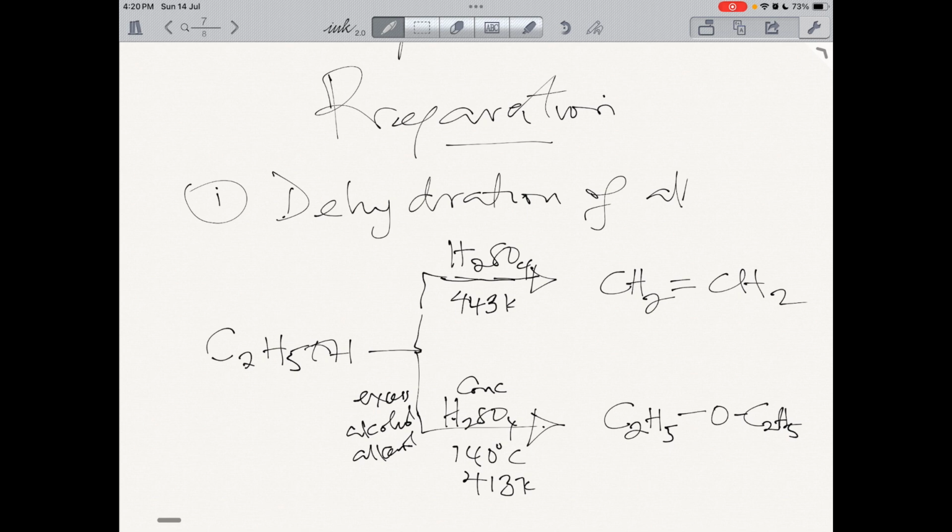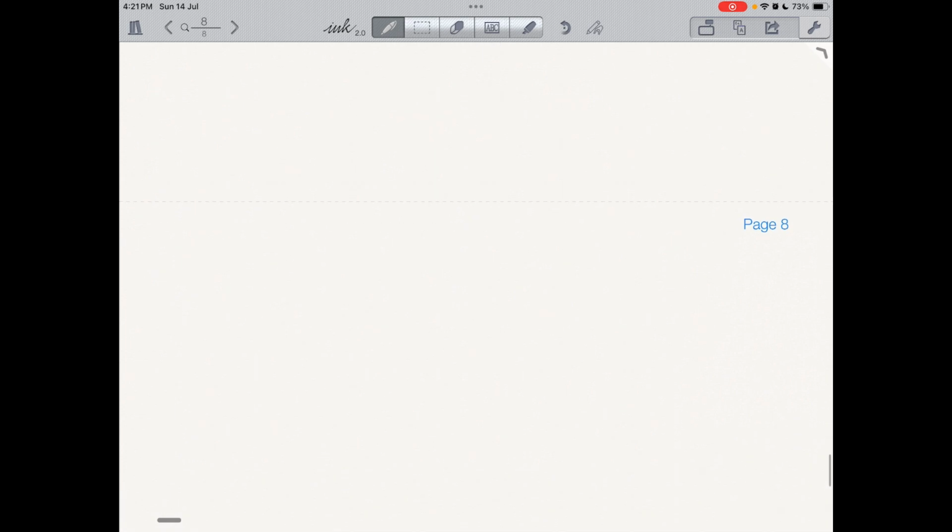So you have the ether formed if you regulate the temperature this way, and so that's one way of obtaining ethers.